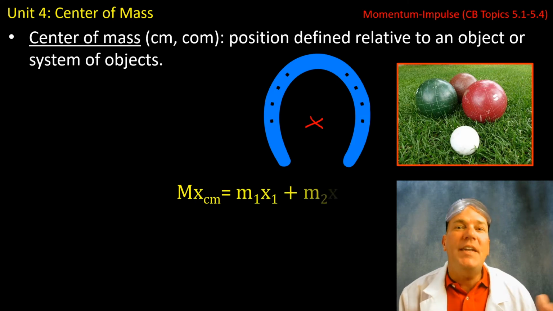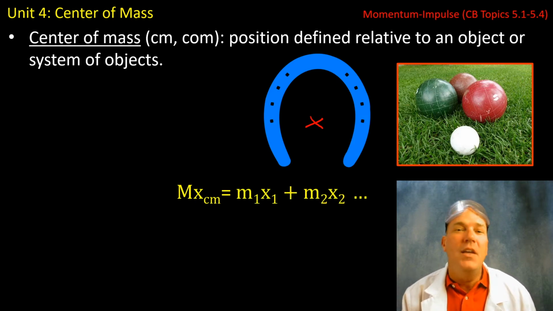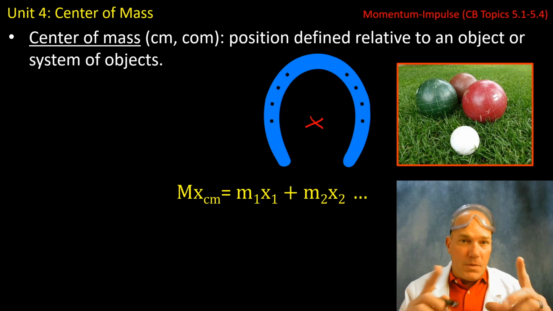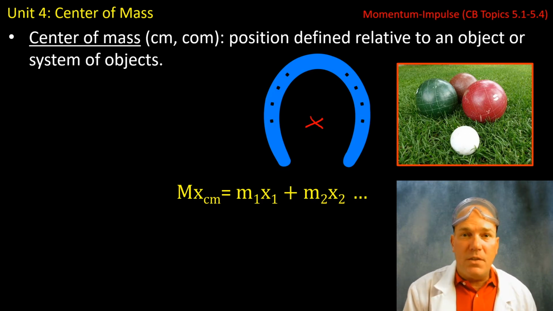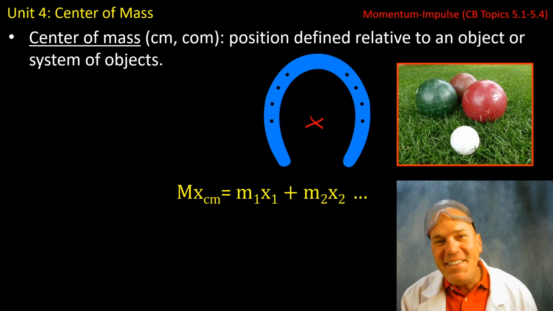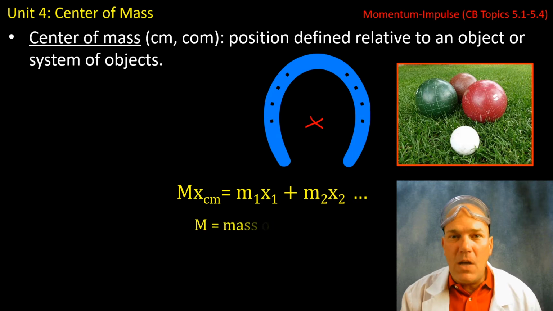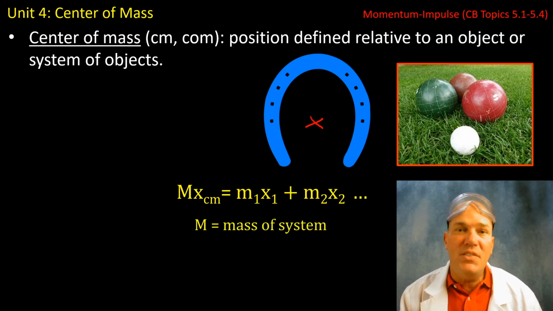Mathematically, we can calculate the position for the center of mass in a system by looking at the product of the sum of masses for the objects in the system and the position for the center of mass of the system, and setting that equal to the products of the individual objects' masses and their relative positions.